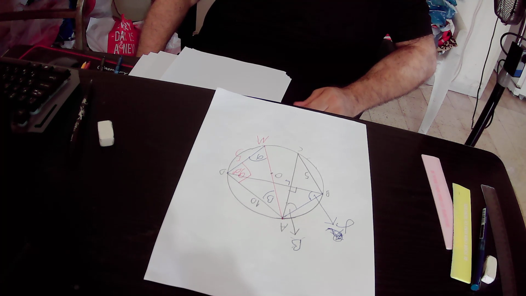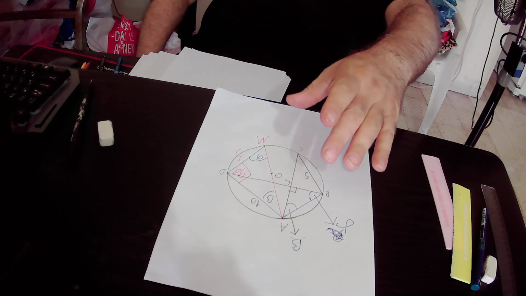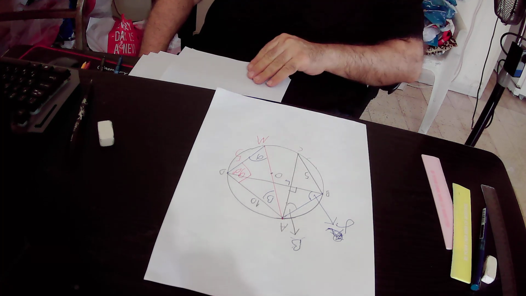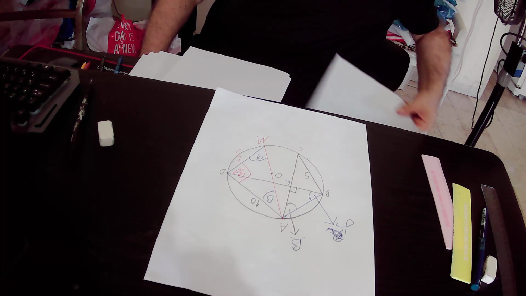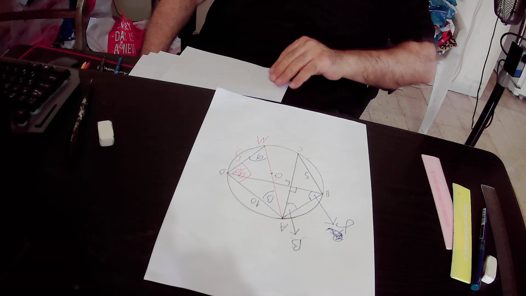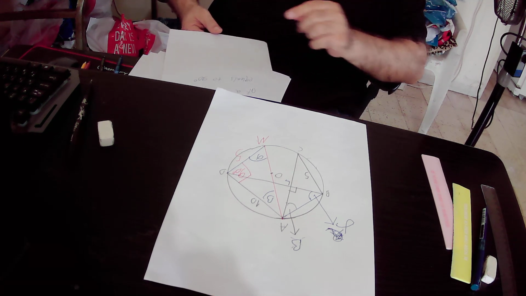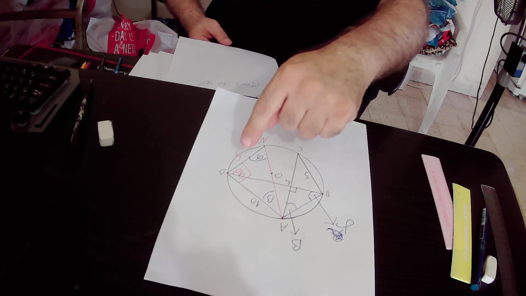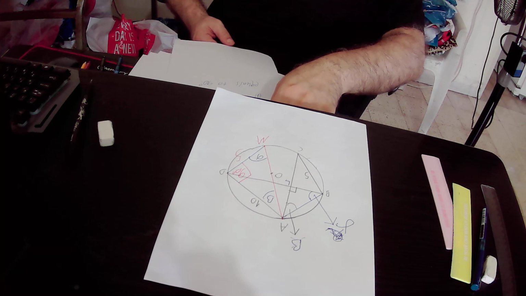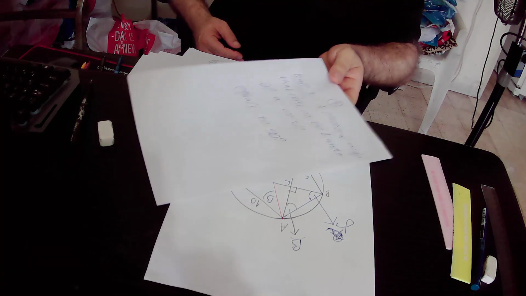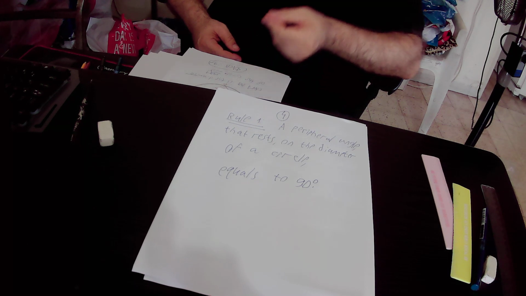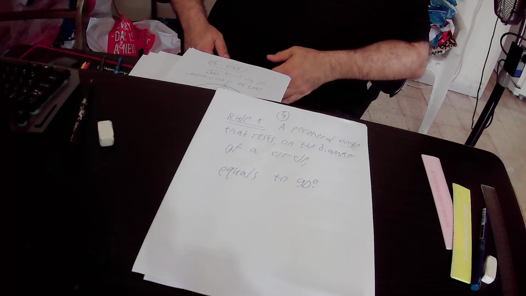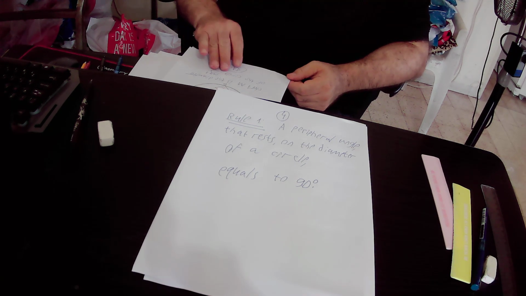Okay, so chord AM is the diameter of this circle, and we actually have rule number 1. Before that, we connected points M and D by a straight line, and we have rule number 1 that states that a peripheral angle that rests on the diameter of a circle equals 90 degrees.